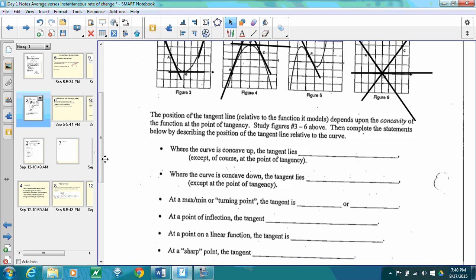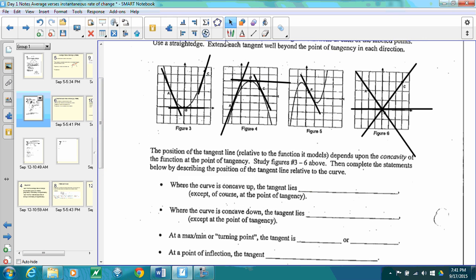You might want to pause and think about them first so that you can see if you understand what we're doing. They said the position of a tangent line depends on the concavity of the function. Look at 3 through 6, complete the statement. Just to review, concavity means if it's curved upwards or curved downwards.